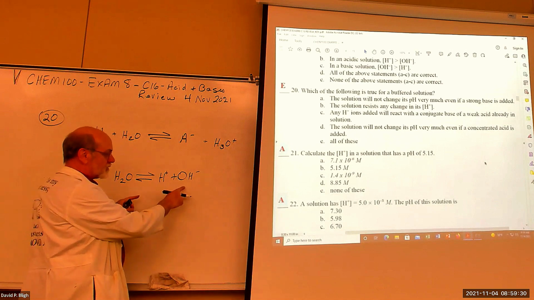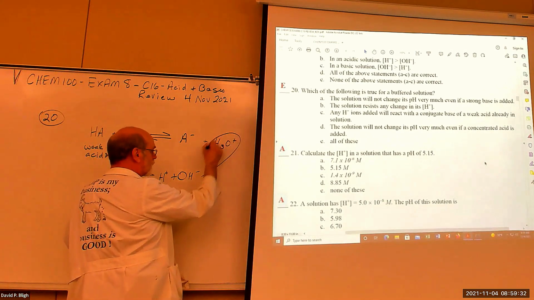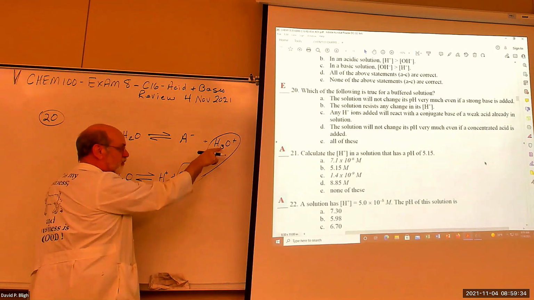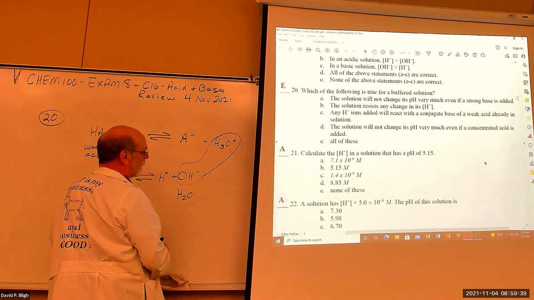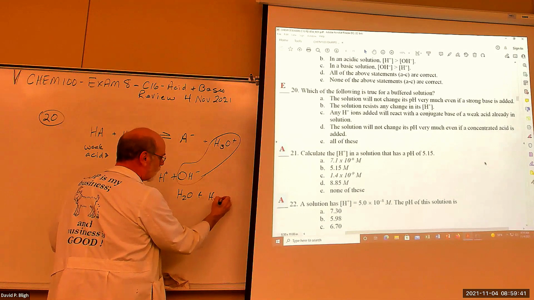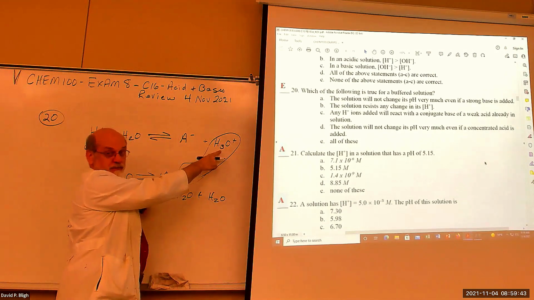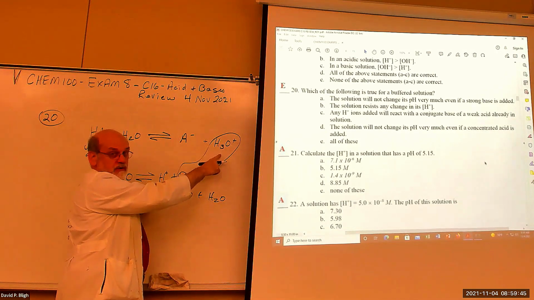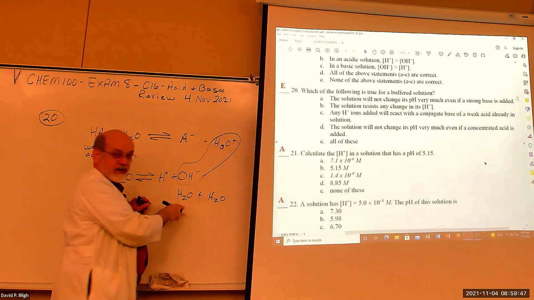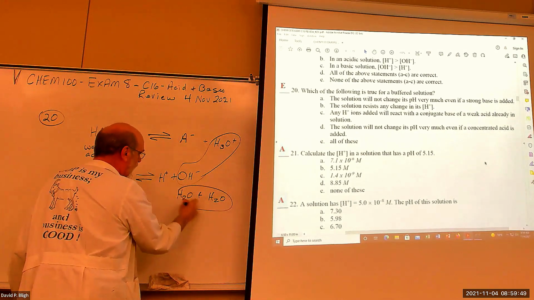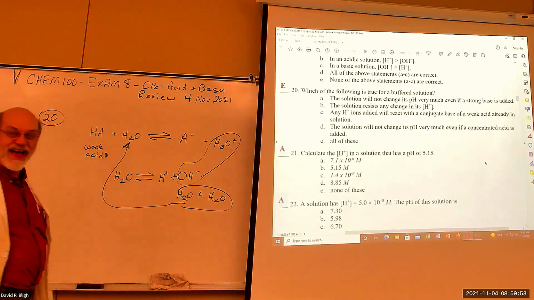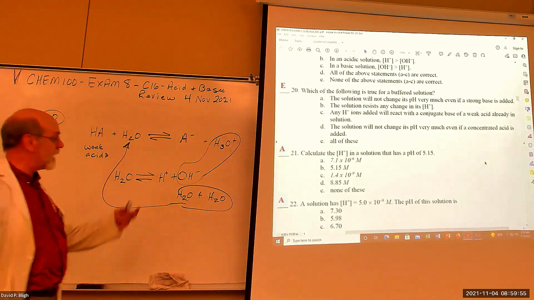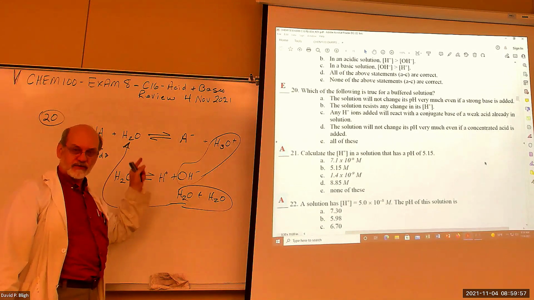So what does it do? It reacts with this one, takes a proton from that hydronium, makes a water molecule, and leaves behind another water molecule, right? You take a proton from that, you get H2O. You add a proton to this, you get H2O. So that reaction produces that. That's what happens to the hydroxyls when you add them to this buffered solution.